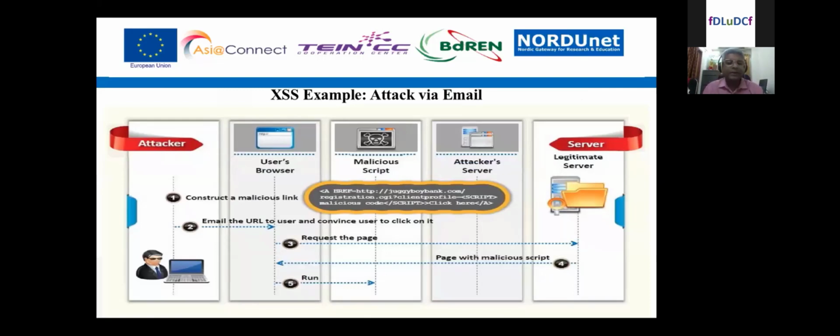First, the attacker has to construct a malicious link where you can get the information from the user or from the victim. And then, once you set up the link, you have to send an email to the user convincing her to please click on it.